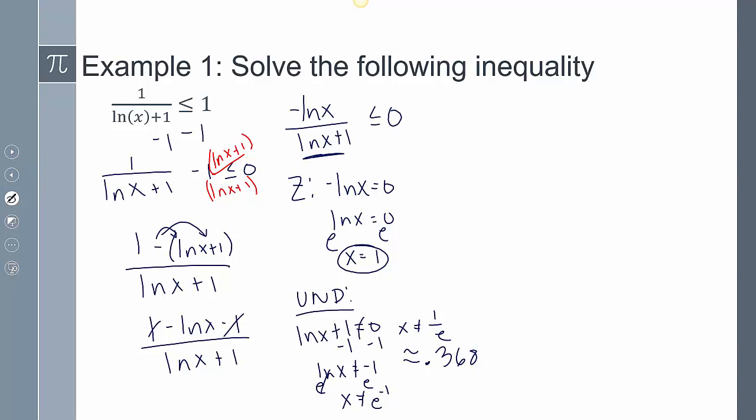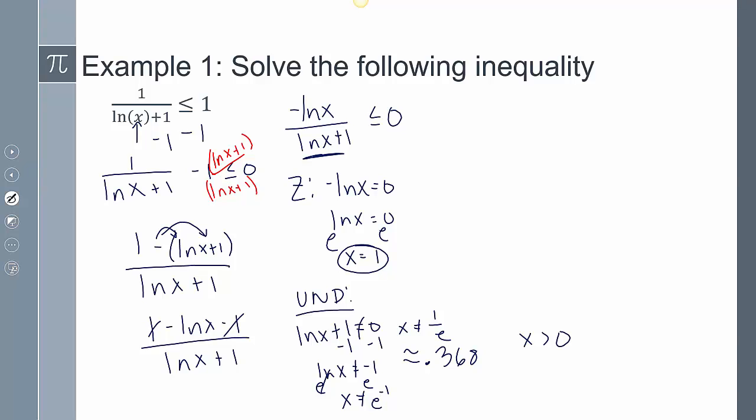Then the other thing that we have to look at and consider is the domain. Well, I have a value inside of my ln, and we know that logs, whatever's on the inside of the log, it can't be 0 and it can't be negative. So I have to say x has to be greater than 0.